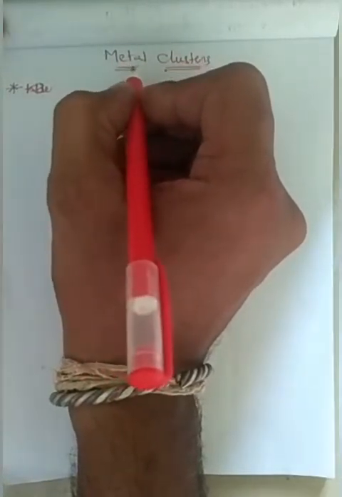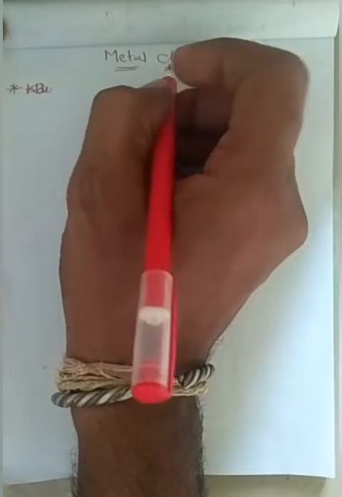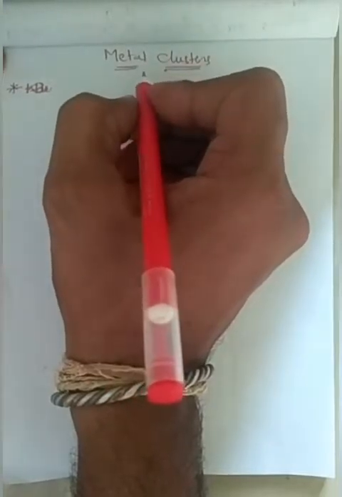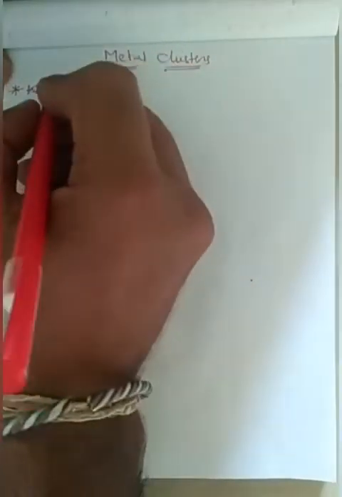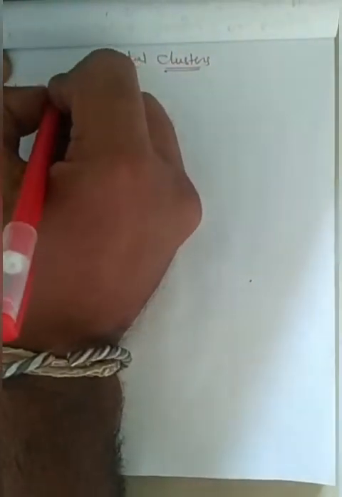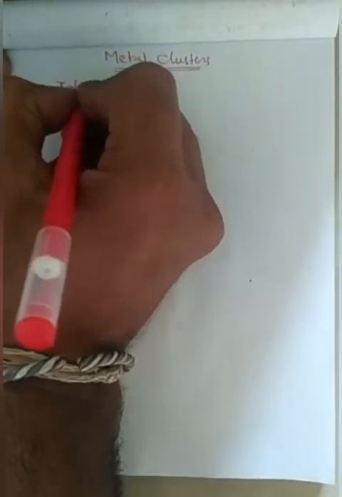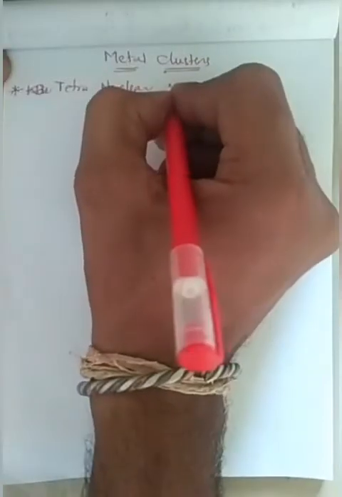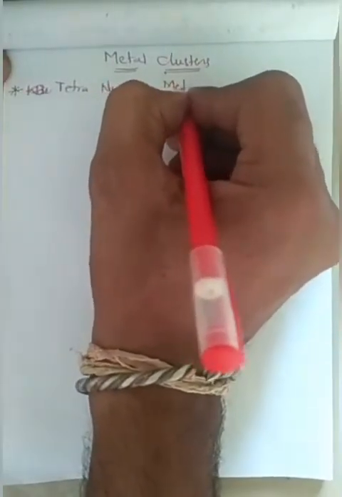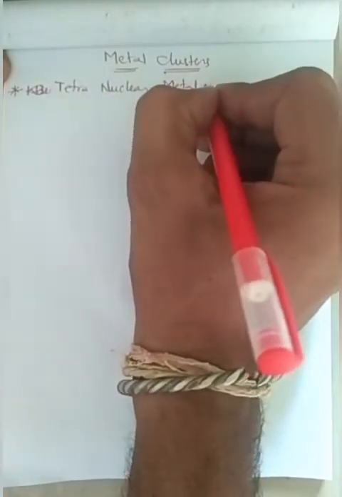We are discussing the chapter metal clusters. Today we will have a third lecture. In the last class, I explained the tetranuclear metal carbonyl cluster structures.